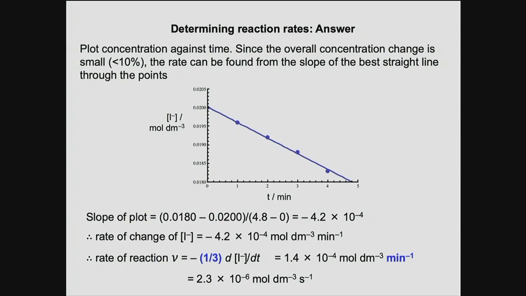So please bear that in mind when you're calculating the gradients of lines. Look through previous exams, gradients of lines come up in almost every one. This is something it's almost inevitable you will be doing in an exam. So please bear in mind that that's how you need to measure the slope of these lines.